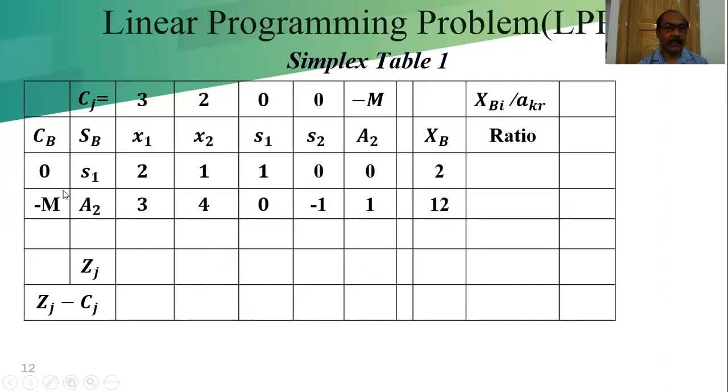But in this case, M is present. It may be positive, it may be negative. But mainly for a minimization problem, we always convert to a maximization problem. In most cases, when we convert the minimization problem to a maximization problem, it should be negative.